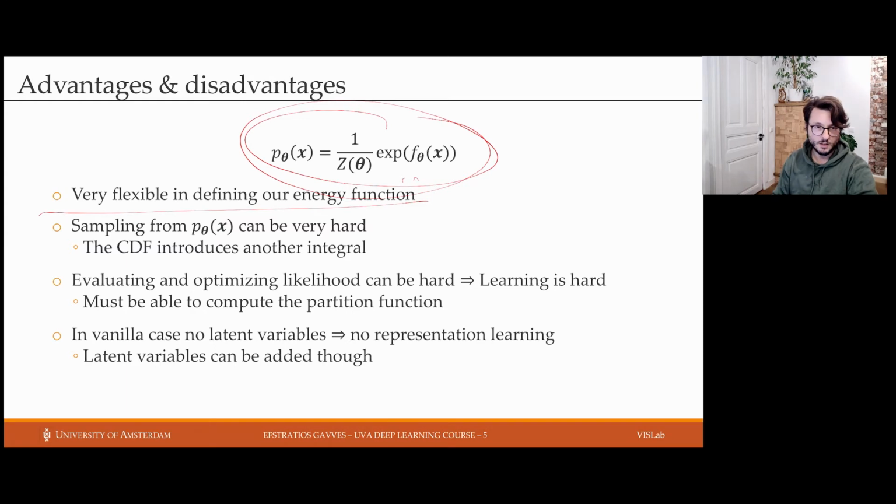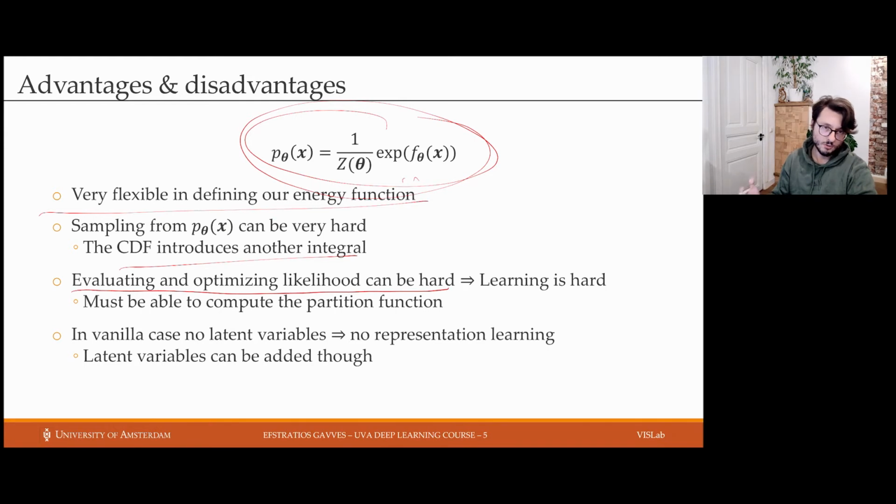However, sampling can be very hard. The reason is that our partition function is not necessarily going to be tractable or easy to compute analytically. And also for sampling we have, for instance, to compute the cumulative distribution function so that we can perform the sampling, which introduces another integral.